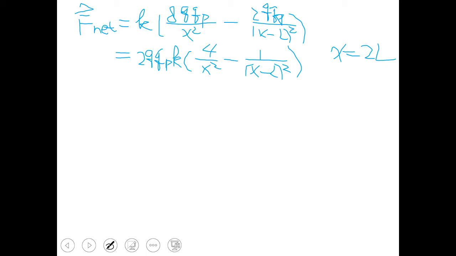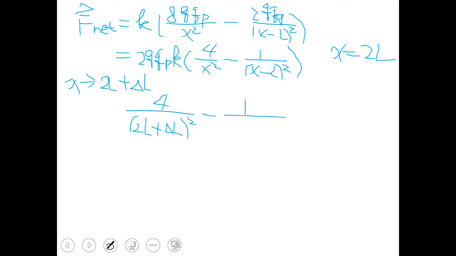However, if we make x to be 2L plus a small delta L, this term will become 4 over (2L plus delta L) squared minus 1 over (2L plus delta L minus L, which will be L plus delta L) squared.